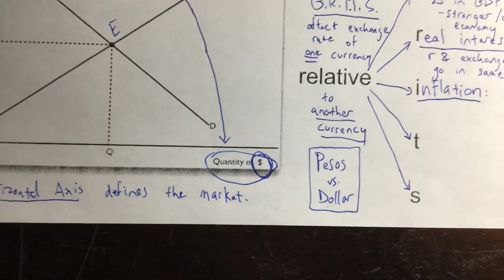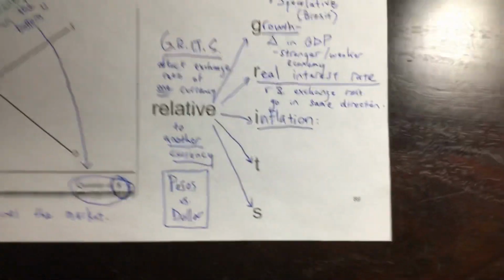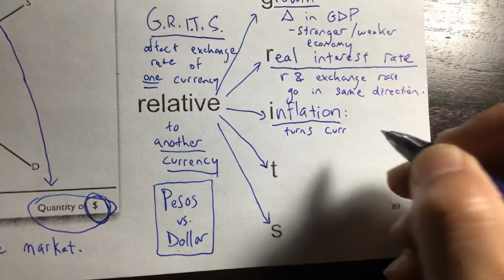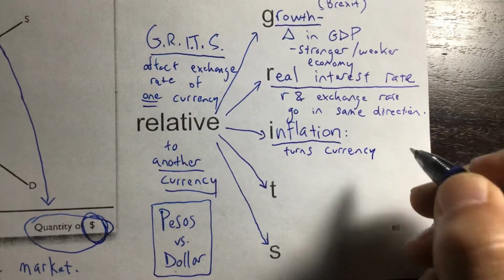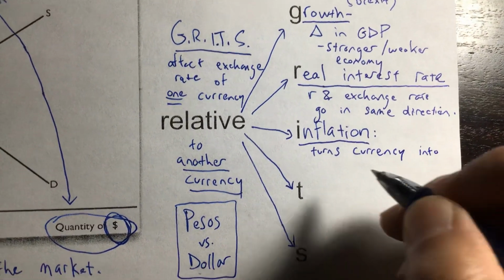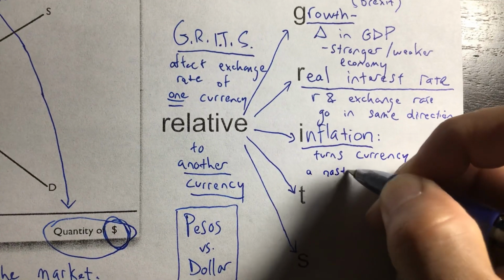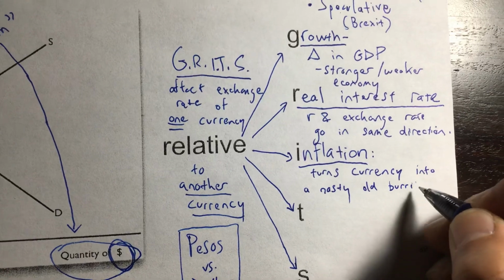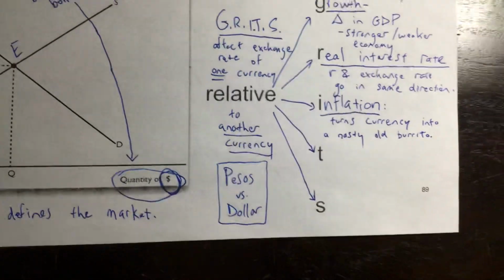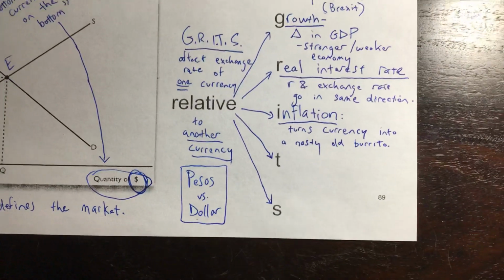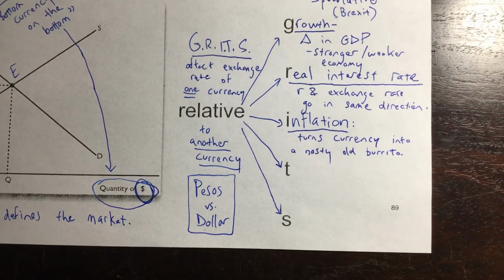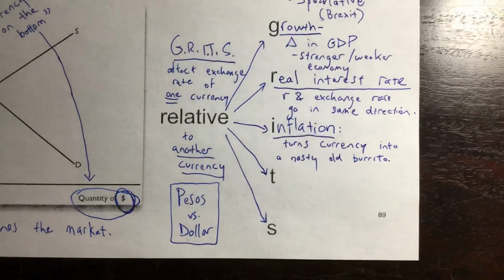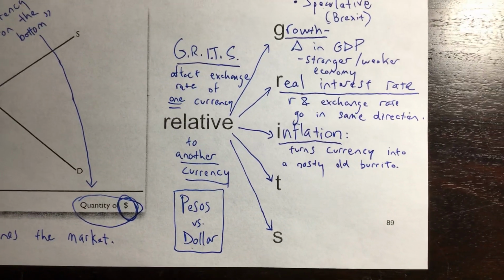All right, turns currency into a nasty old burrito. So if all of a sudden a taco in Mexico costs you 4 pesos, and then now let's say that it's gone from costing you 10 pesos, and now it costs 20 pesos.